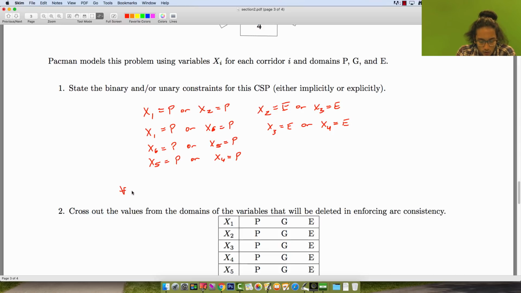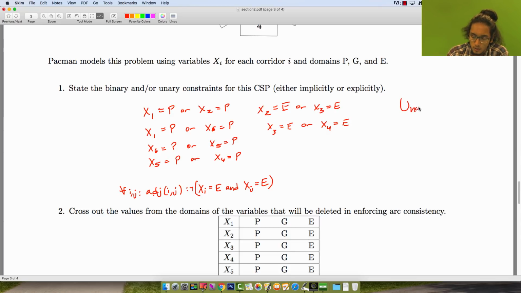We can say for all i and j such that i and j are adjacent, it is not true that xi is equal to exit and xj is equal to exit, which overall means that you cannot have any two exits side by side, right? So these are all the binary constraints.